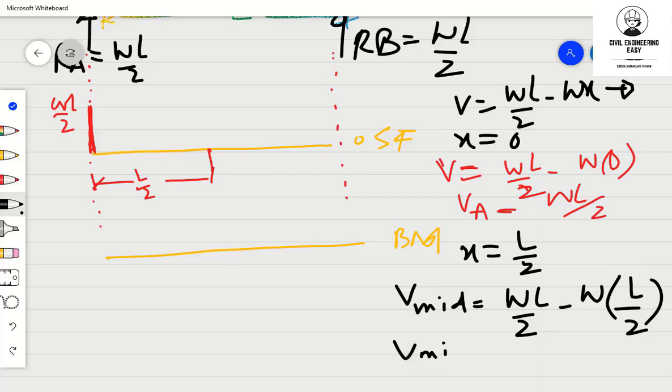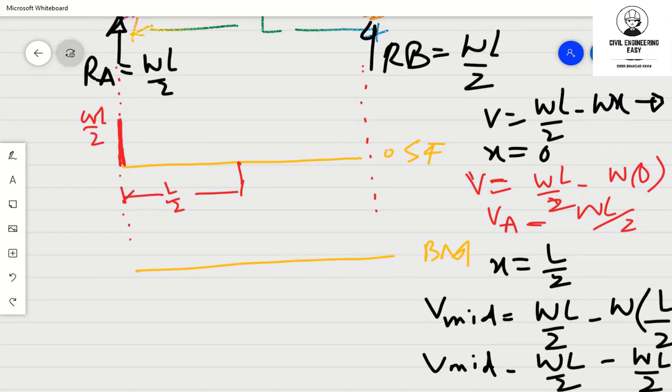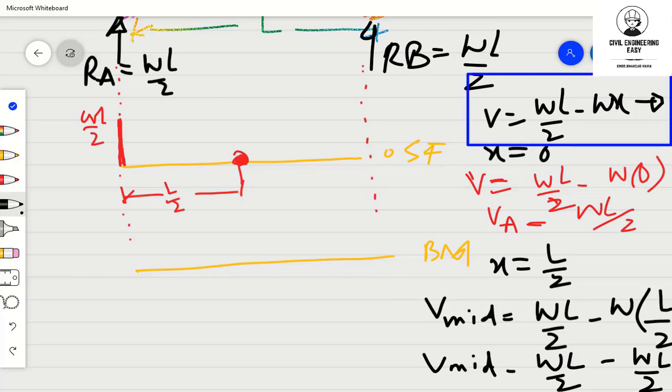So the shear force at the midpoint will be equal to WL divided by 2 minus WL divided by 2. We got the shear force at the midpoint equal to 0. So when the UDL is applied on the entire span of the beam, then the shear force at the center of the beam will be equal to 0. So we got another point, that is 0. And you can see that this equation is linear. So join these two points by a linear line.